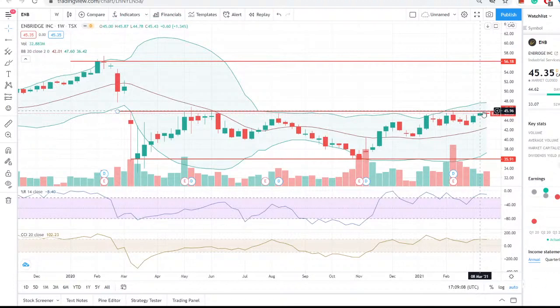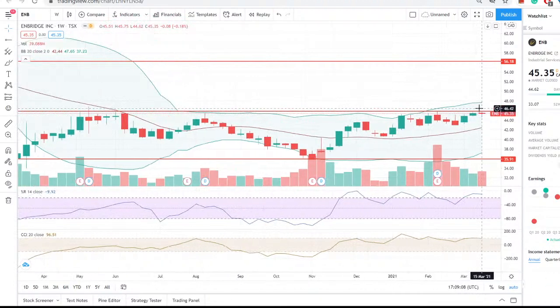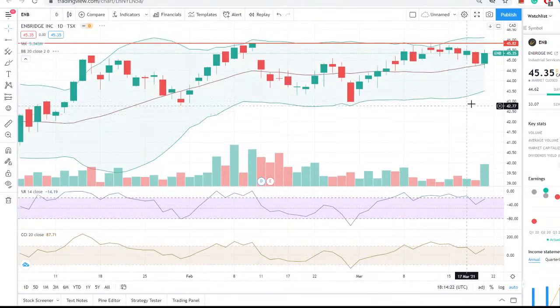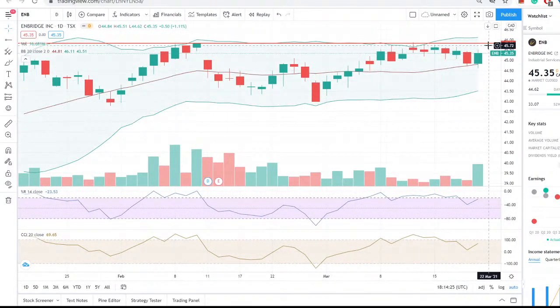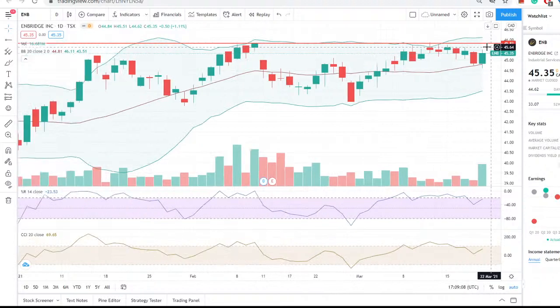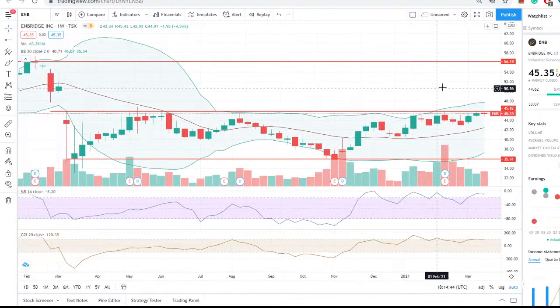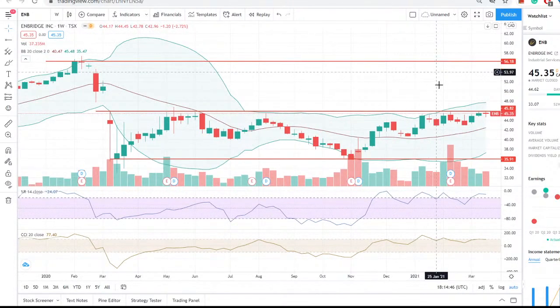It would be good to watch this week. If it is green on Monday and around Tuesday or Wednesday it manages to break this resistance of 44.83 and reaches 46, maybe it would be worth getting in for those thinking to hold for medium to long term for the next target of 56.